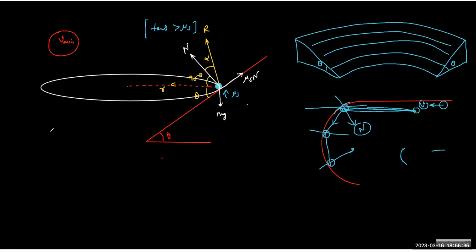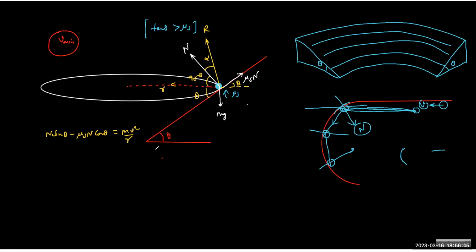If you do not know the R definition, if you know mu s and N, you will say N sin theta minus mu s N cos theta, right? This is the net force towards the center. And the net force towards the center equals mv square by r. Correct?